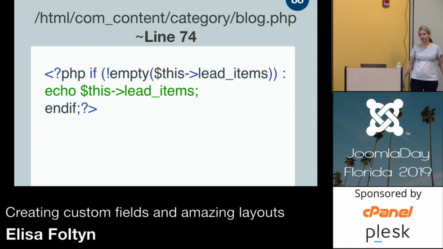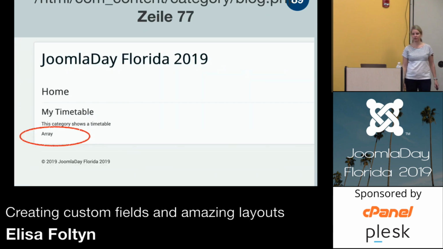I want to know what these lead items are. I have the if condition, and I echo these lead items. I want to know what's in there. I'm just testing, playing around. Oh, array. What's an array?